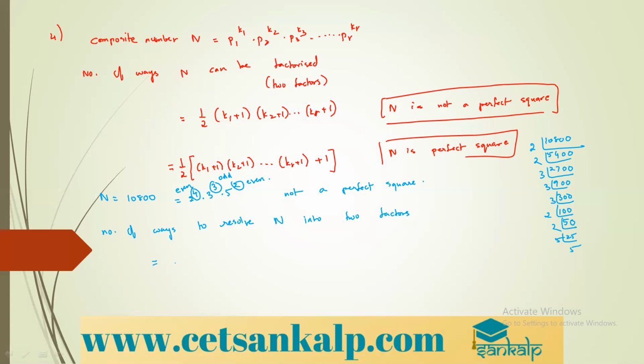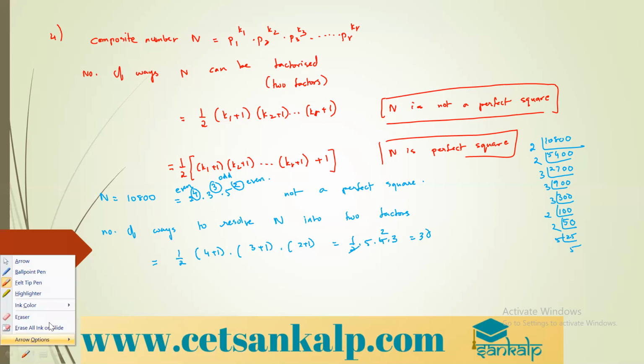The first formula. 1 by 2 into (4 plus 1) into (3 plus 1) into (2 plus 1). That is 1 by 2 into 5 into 4 into 3. So the 2 and 2 will cancel. 30 possible ways are there.